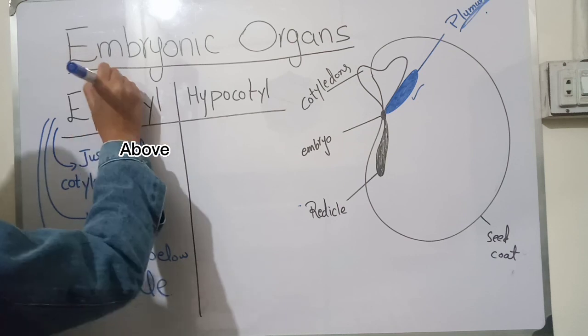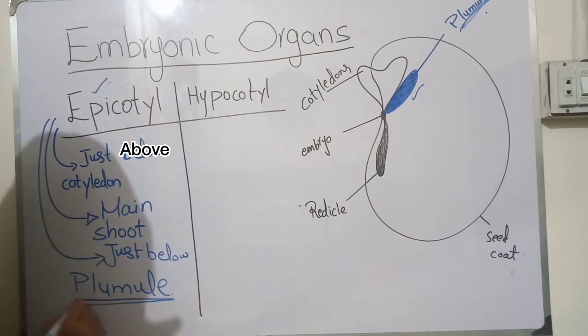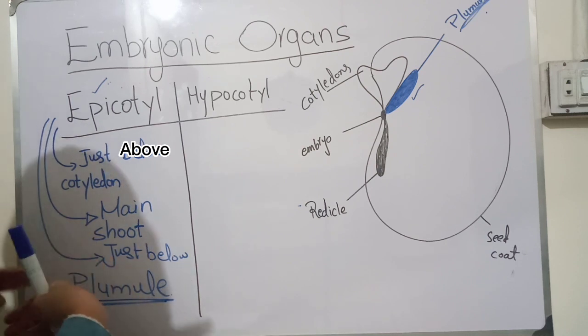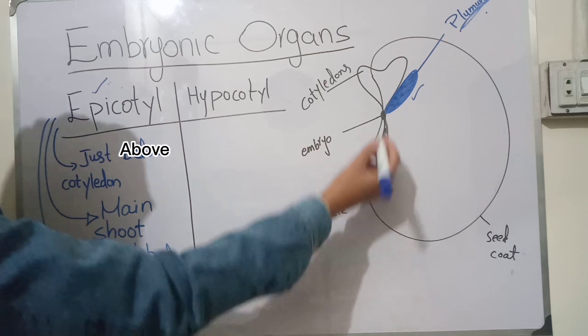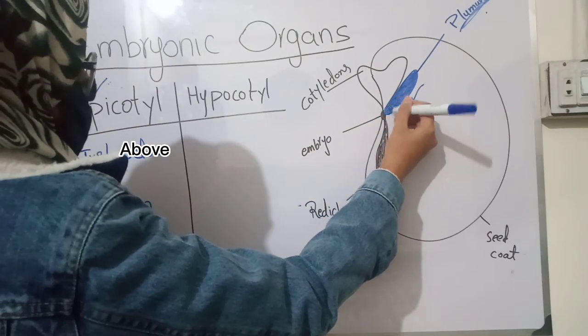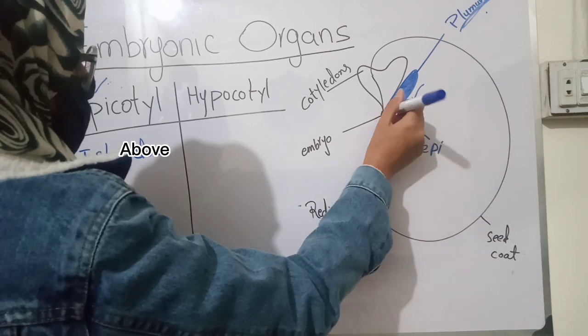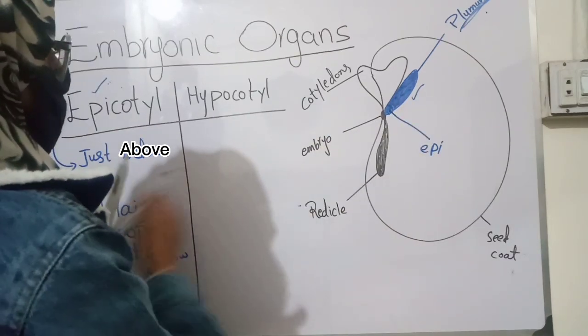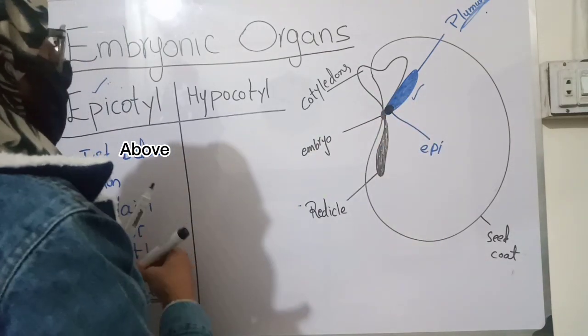So what is its function? It exerts pressure on the plumule and applies a force on it so that the plumule emerges. Here it is, the epicotyl below the plumule. I mark it in black.